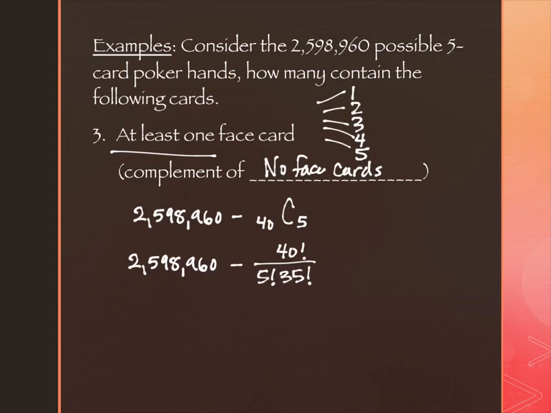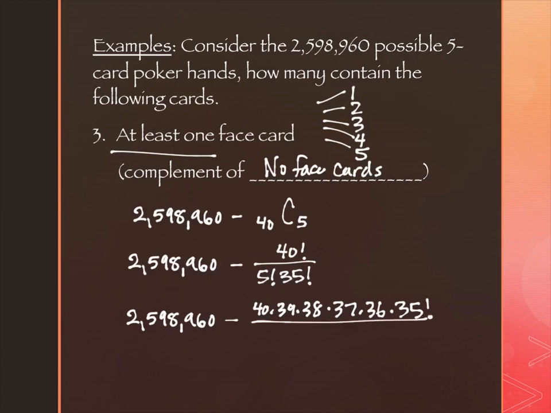All right, so we need to write down our 40 until we get to 35. So we have 40 times 39, 38, 37, 36, and 35 factorial over that 35 factorial, and I have 5, 4, 3, 2, and 1. So the 35s cancel.